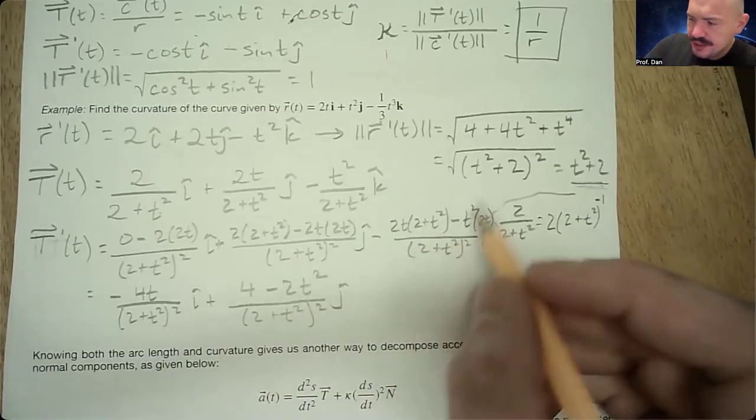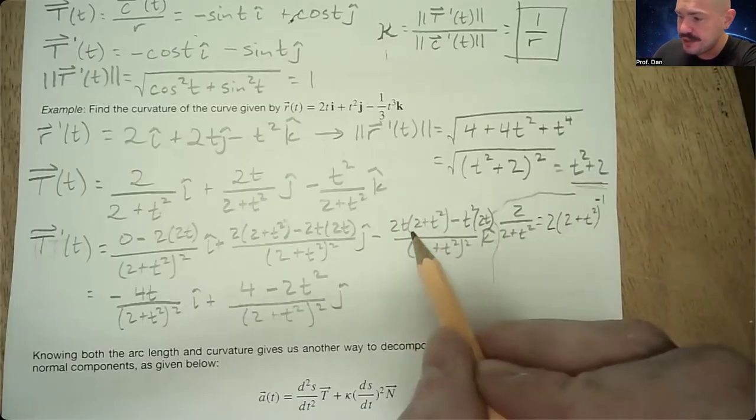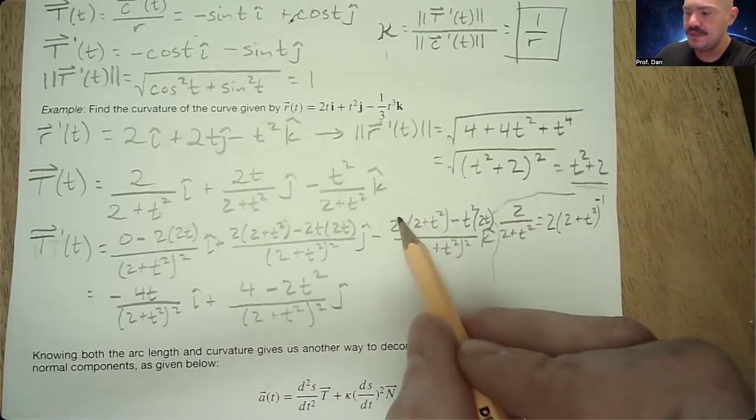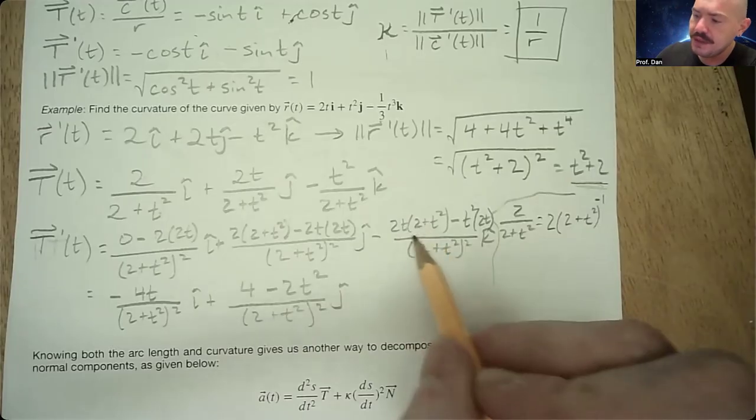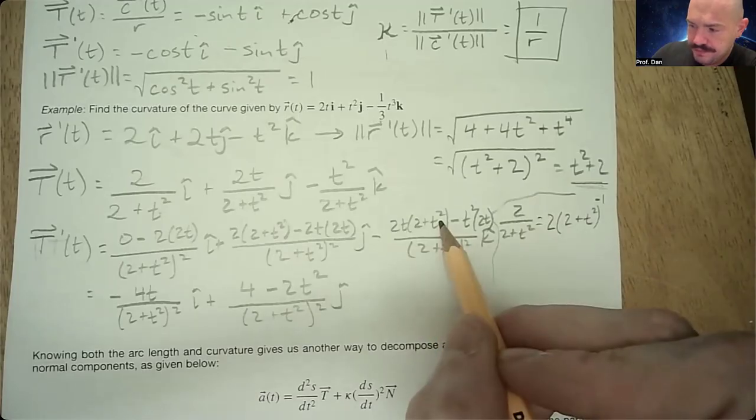And then this one we can also simplify a bit. So we end up getting 4t from distributing to that first term. Second term, we would end up getting 2t cubed.